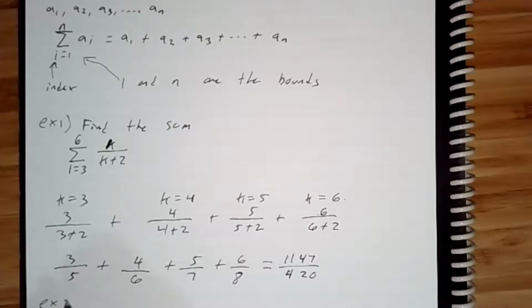Any questions on the notation? What is that on top of the k plus 2?